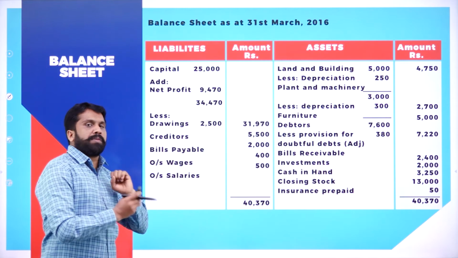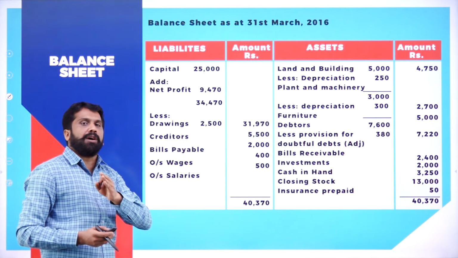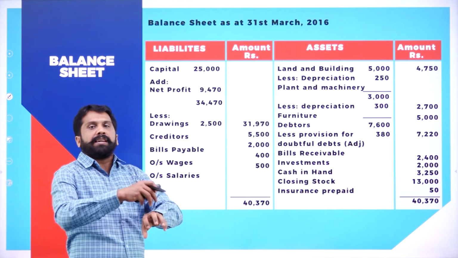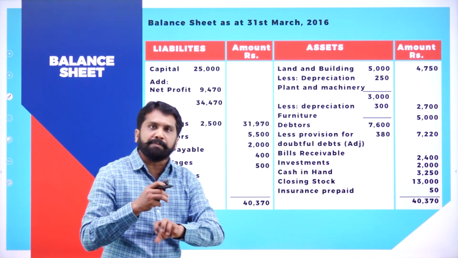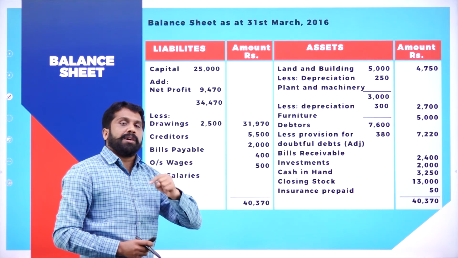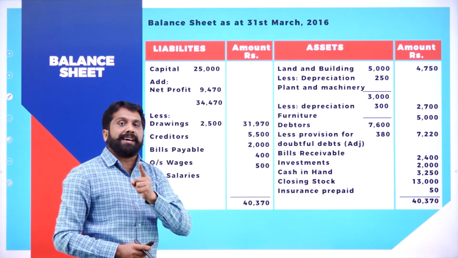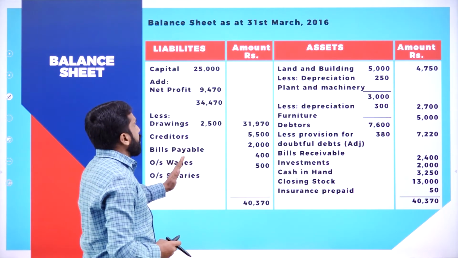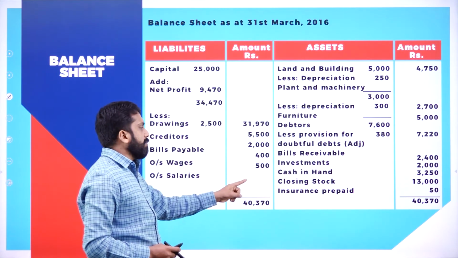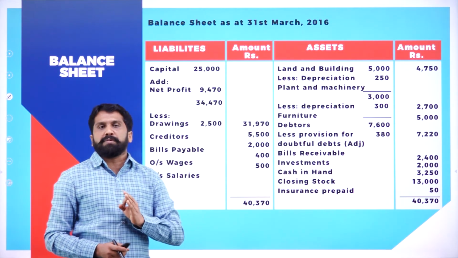We have done so many problems, in which you have learned how to do a balance sheet. Simple. Go back to your question. Extract only balance sheet items. Just fill in the liability column and asset column. Go to your adjustment. If there are any outstandings, they will come under liability. If there are any prepaid, it will come under asset. This is a simple procedure.